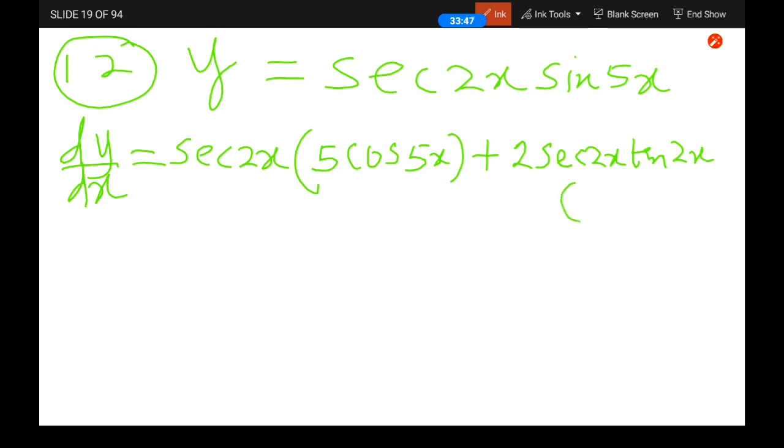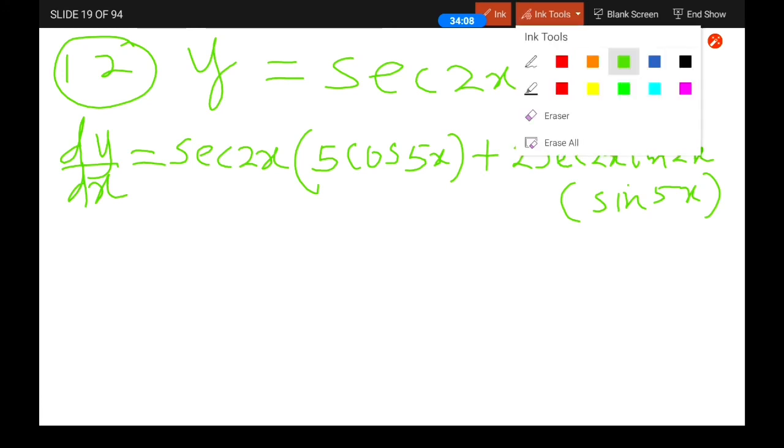Then times sine 5x. Please look at that very well. I differentiated sec 2x. Differentiate 2x, you get 2. If you differentiate sec, you get sec tan. Then that is sec 2x tan 2x, then times sine 5x, right?